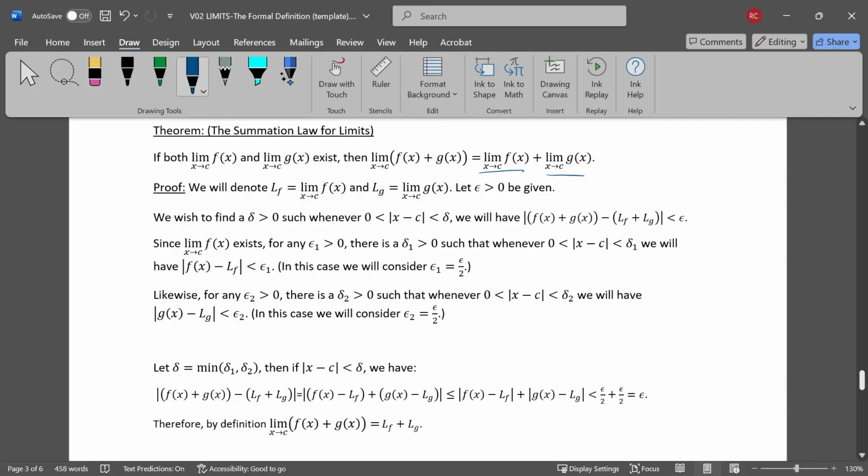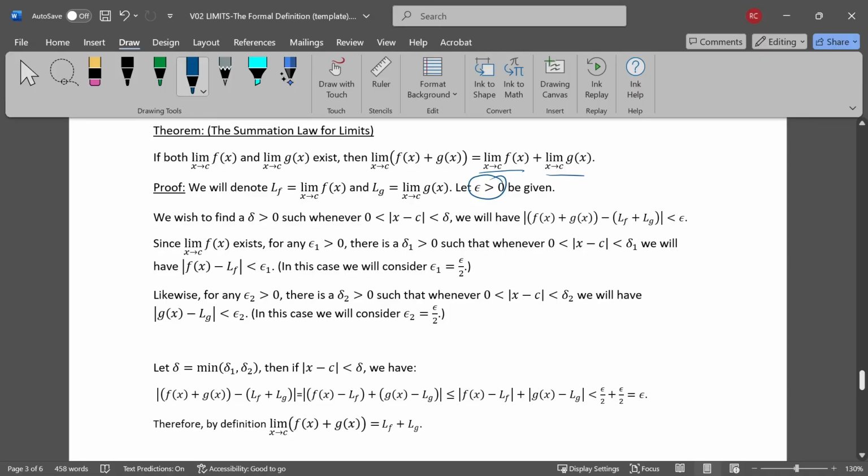So now what we're going to say is, well, since we're adding these two functions together, we're really going to think of epsilon 1 and epsilon 2 as half of epsilon, right? The epsilon that we're looking for the sum of the functions, we're just going to set each individual function's epsilon to be epsilon over 2.